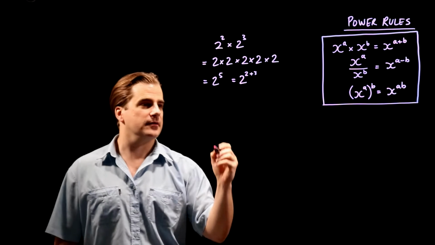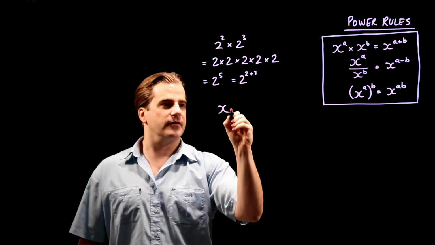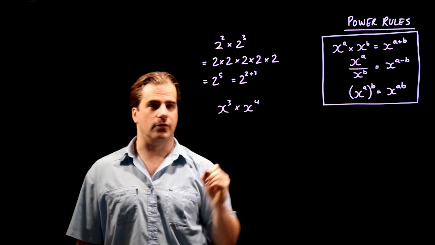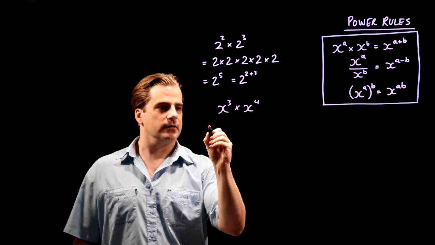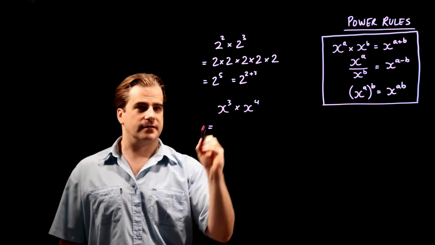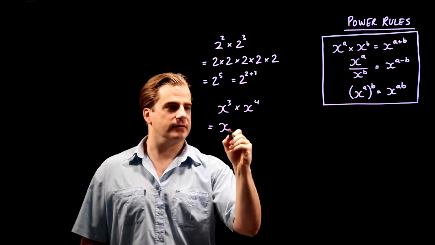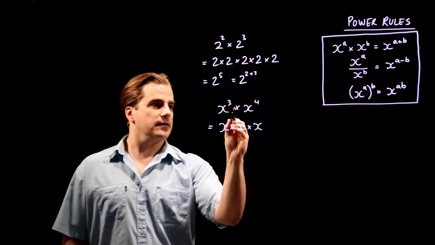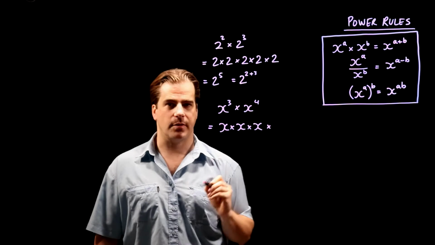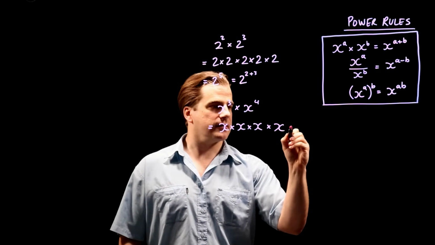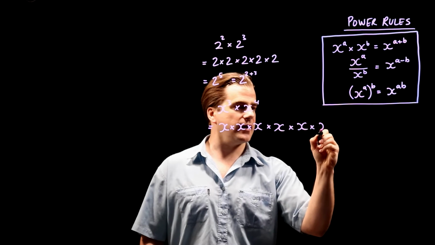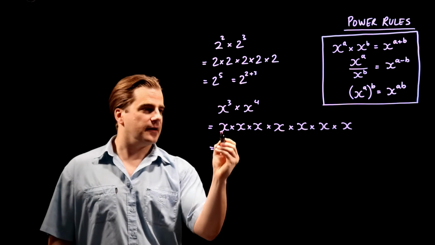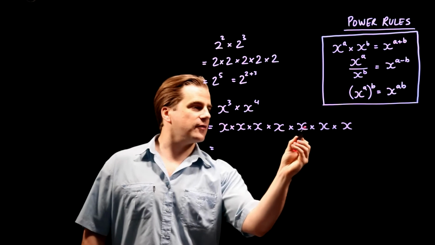Let's do another example, only with variables this time. Let's have x to the power of 3 times x to the power of 4. Okay? X to the power of 3 is x times x times x, okay, times x to the power of 4 is x times x times x times x, and that whole thing is x times 1, 2, 3, 4, 5, 6, 7.